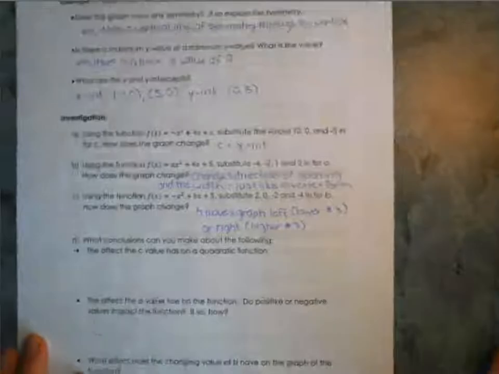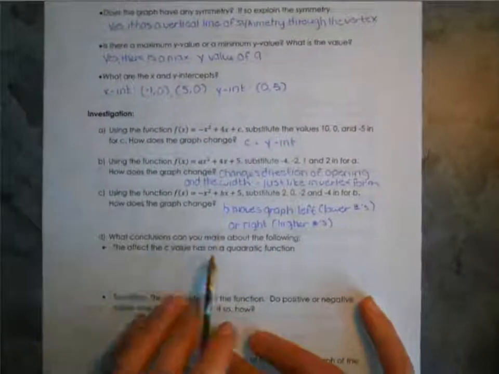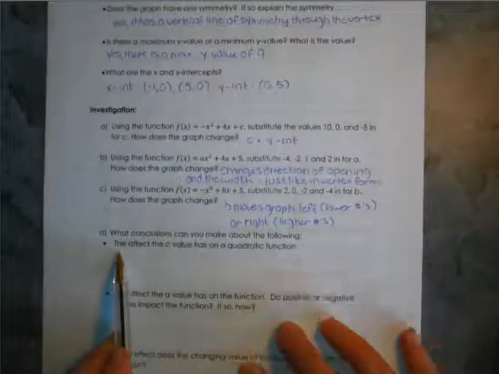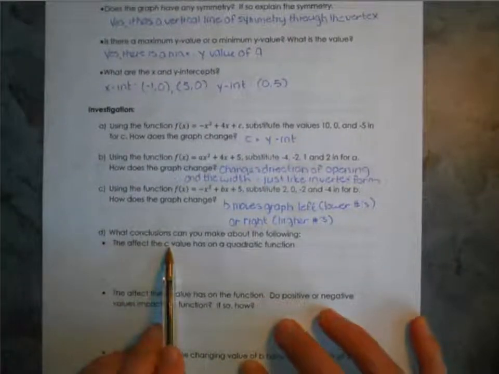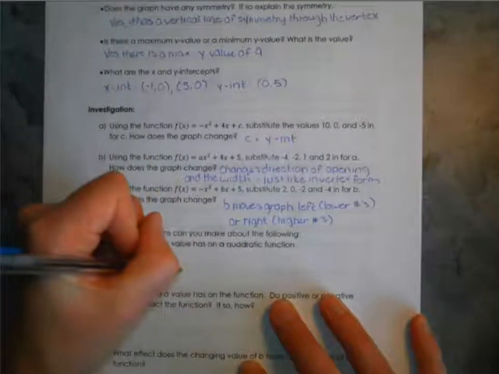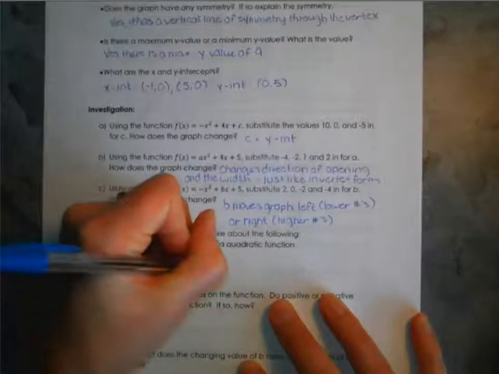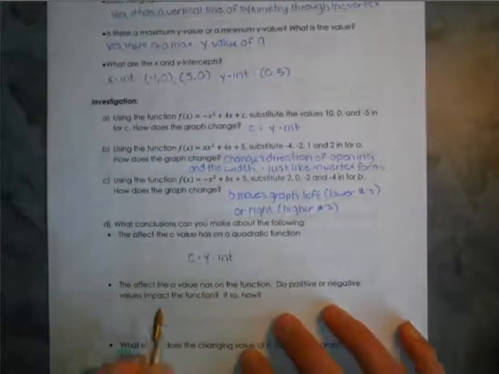Okay, so what are the conclusions we can make about these different values that we see in the standard form then? The effect of c on a quadratic function is that c is going to be exactly equal to the y-intercept, which is really nice because then we have an actual point on the graph.